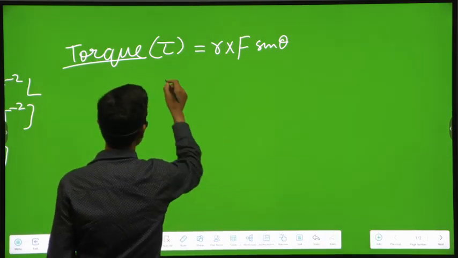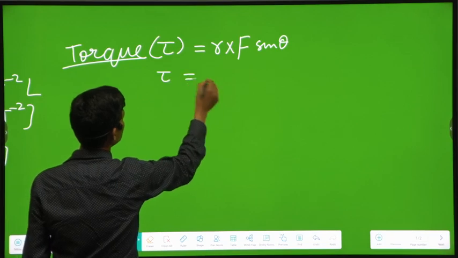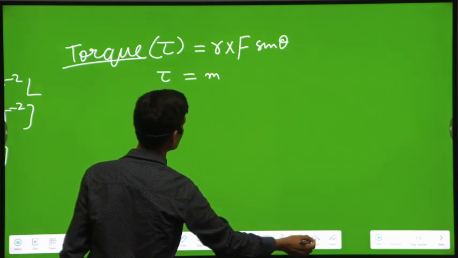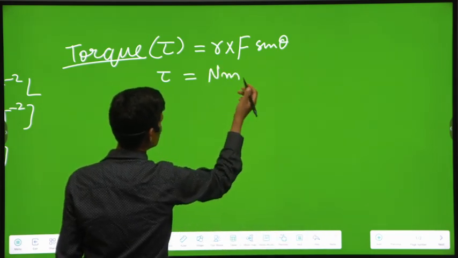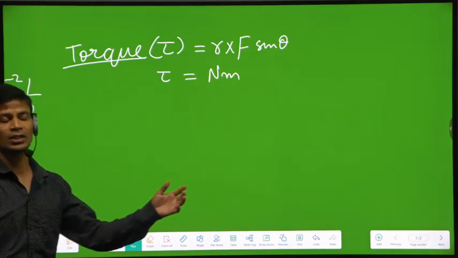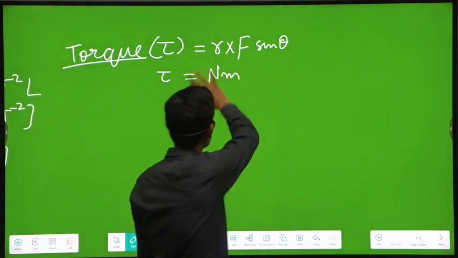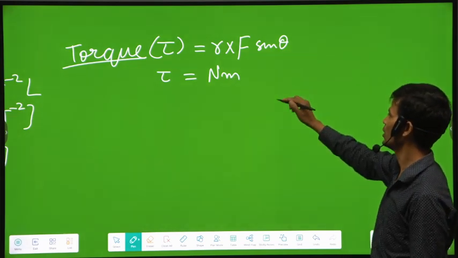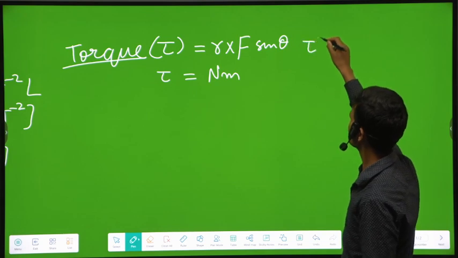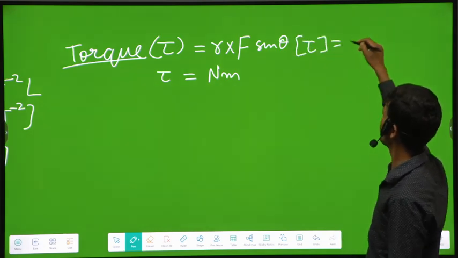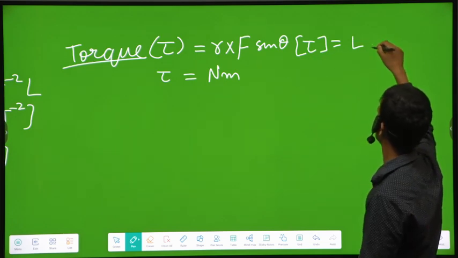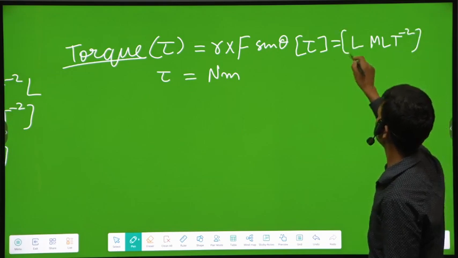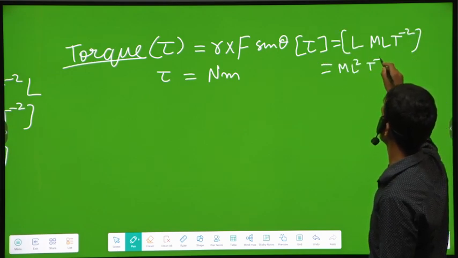Now if we want to find its unit, it is meter into Newton, which we can say Newton meter, which is again kg meter square per second square, which is again joule. But it is not work. This torque is just the turning effect. And its dimension is dimension of L times dimension of force, that is MLT minus 2. So finally it will be ML2 T minus 2.